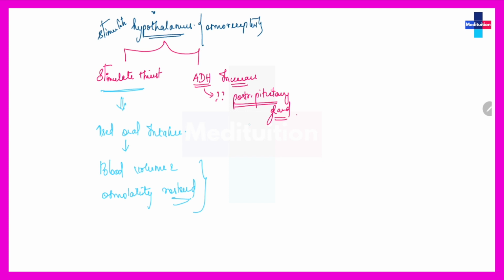Then because of this ADH, what happens? Water absorption from PCT or DCT? Water absorption is obviously from the DCT. If you are seeing ADH, it acts on the DCT and collecting duct. Then your urinary volume decreases, because there is no water left for excretion of urine.